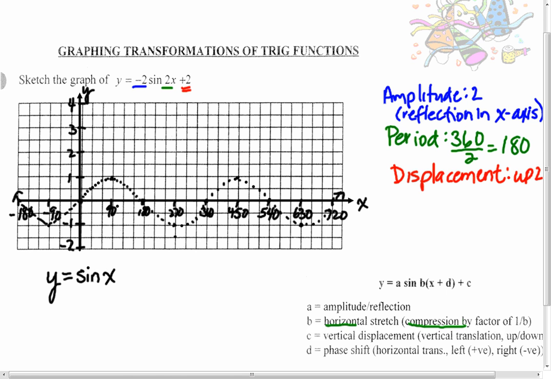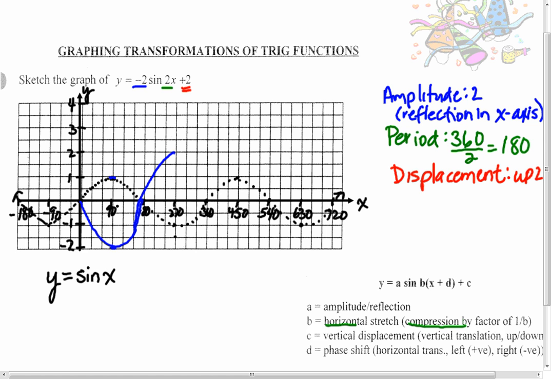I'm going to put the negative sign and the 2 together. So we have an amplitude of 2, and everything is upside down. We've got a reflection in the x-axis, vertical. So in blue, it's going to be upside down and double. So instead of a maximum of 1 like I have here, I'm going to have a minimum of negative 2. So my curve would go like that. Instead of a minimum here, it's going to be a maximum.